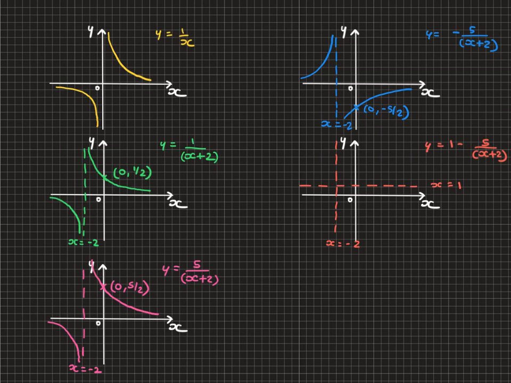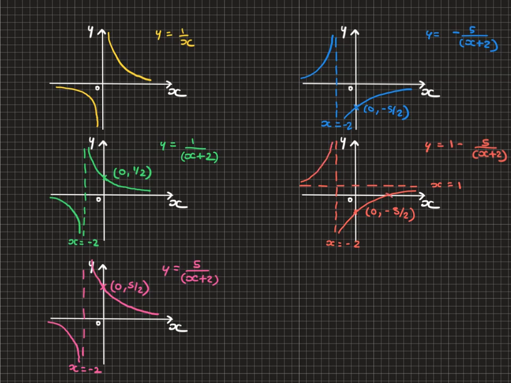Now, all the y-coordinates will be increased by a value of 1, so we now have a y-intercept of 0, -3 over 2. There we have this portion of the graph, like that, and then we have the other portion of the graph up over here.